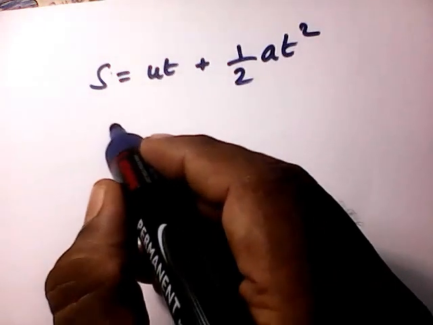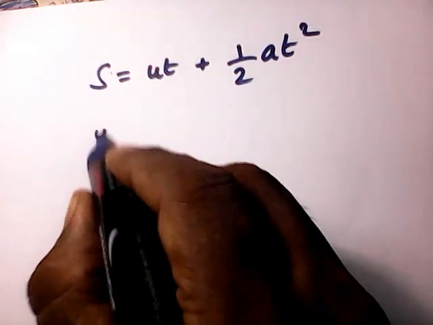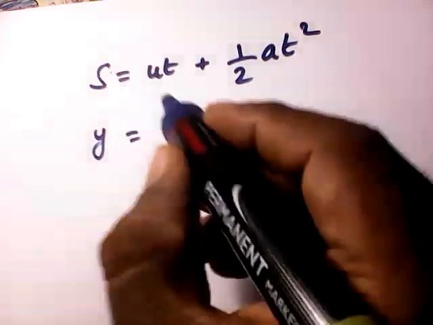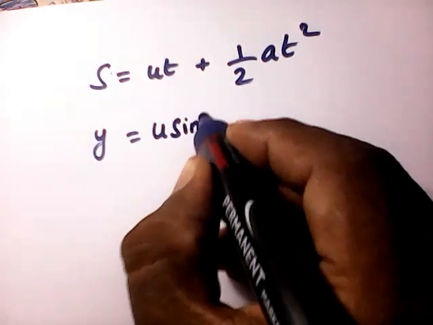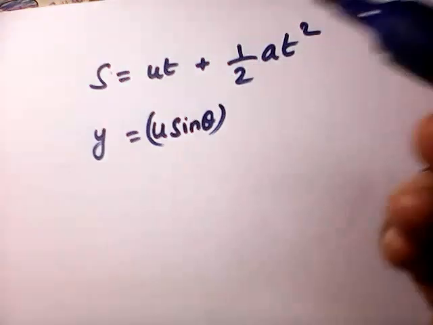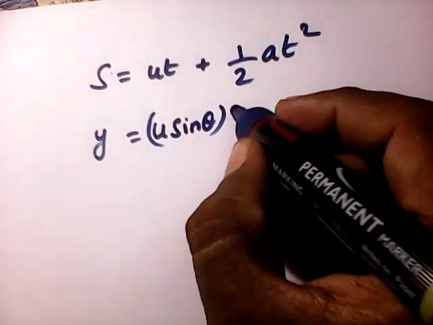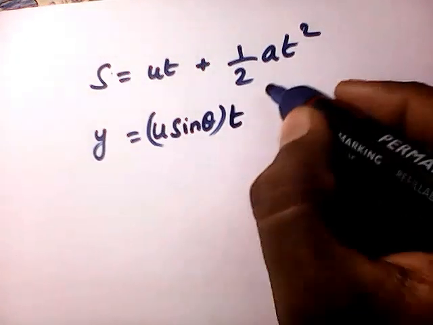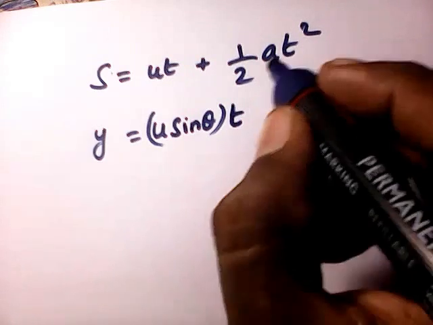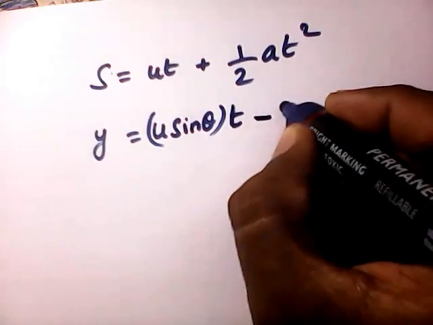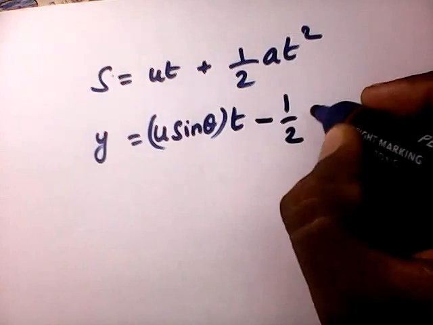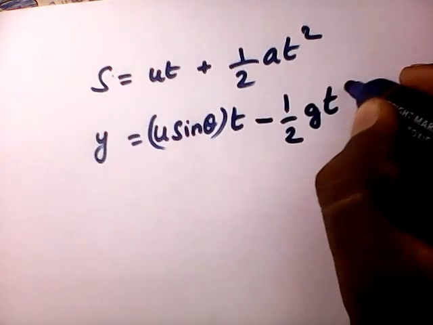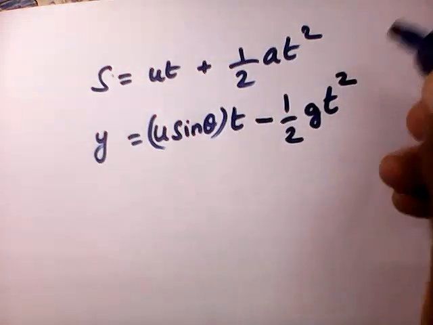Here the vertical displacement is y, and u sin theta is responsible for vertical displacement, and time is t. As it goes against gravity, we put minus half into a replaced by g, which is acceleration due to gravity, and t square.